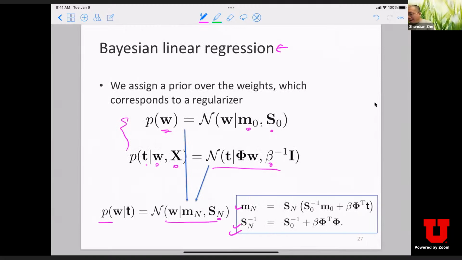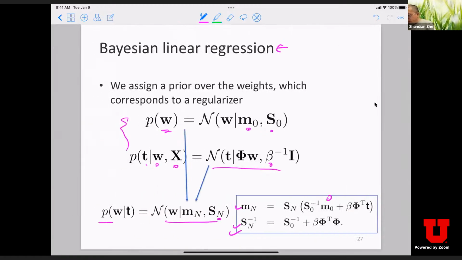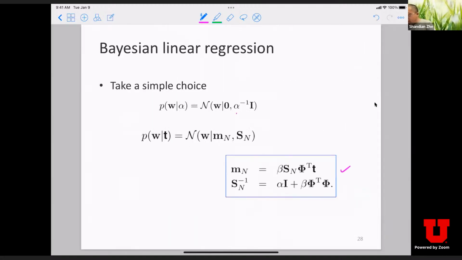If you apply this general form with M0 equals 0 and S0 equals alpha inverse I, you can immediately get a much simpler posterior form. The posterior mean is beta times Sn times phi transpose T, and Sn inverse, the inverse of the covariance matrix, is alpha I plus beta times phi transpose phi.